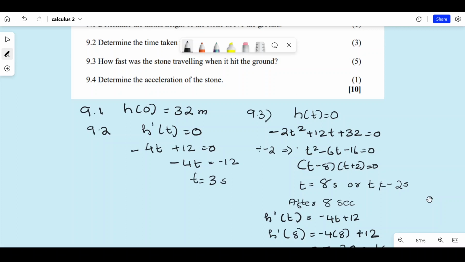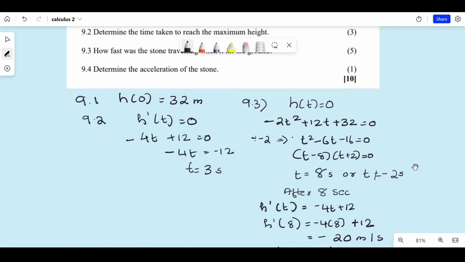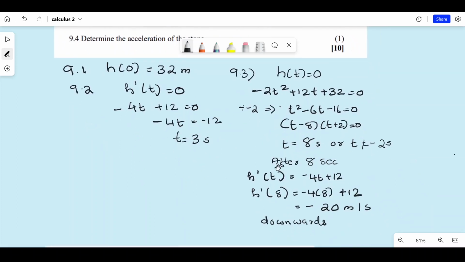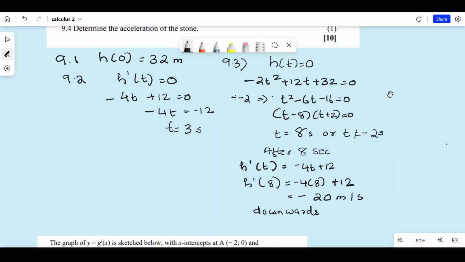Acceleration is the rate of change of speed or velocity, so acceleration is the second derivative of h(t). It's the derivative of h'(t), so it becomes a second derivative. So the answer is 9.4.